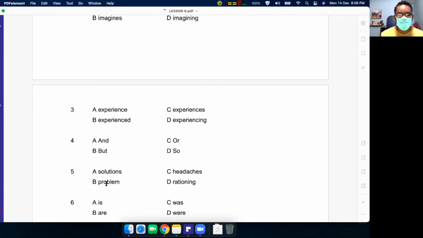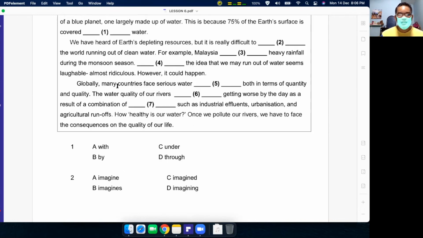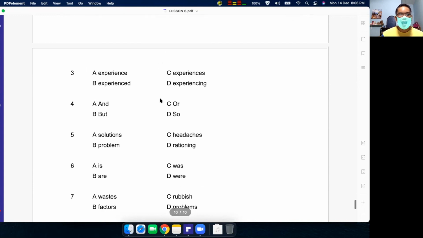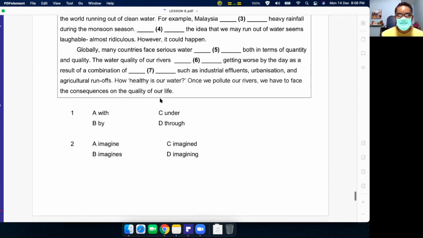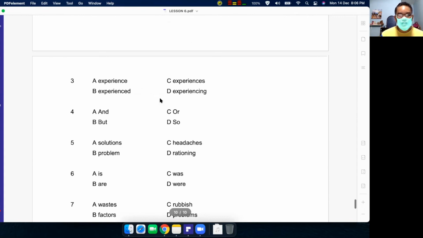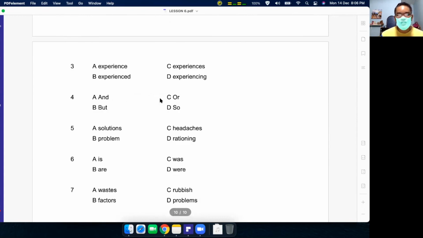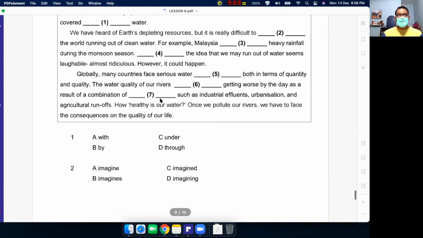Water problem, both in terms of quantity or quality. The water quality of our rivers is, was, or were.